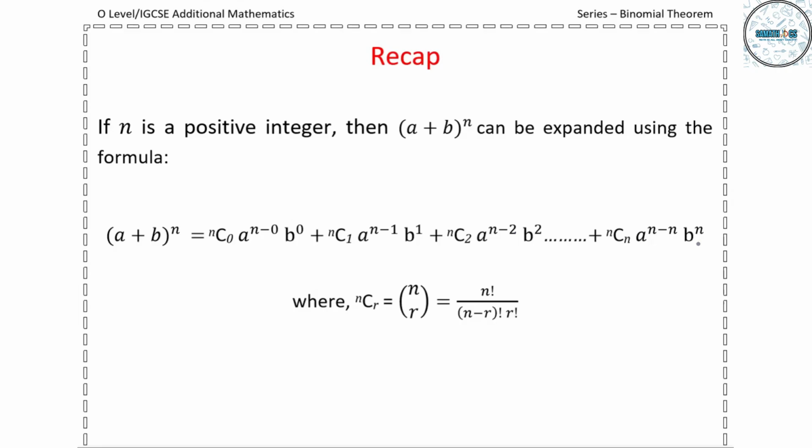And for the last term, the r value is n. So we can use this formula for the expansion of (a + b)^n, where nCr is n factorial divided by (n - r) factorial multiplied by r factorial.